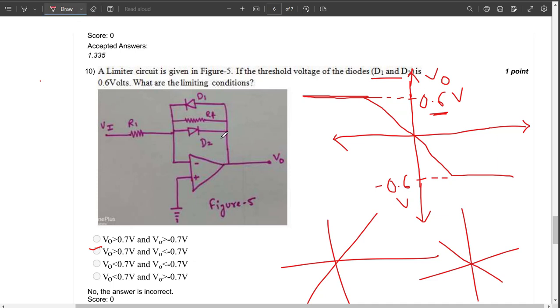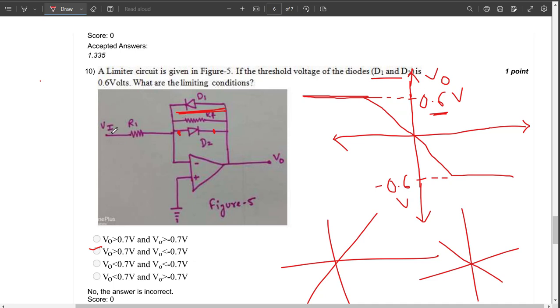So our threshold voltage is 0.6 volts, right? Whenever it goes above 0.6, it will be conducting, and we will be getting VO at 0.6 volts. That is, the voltage VO will be similar to the diode voltage, which is a maximum of 0.6. The other diode will be reverse biased, so it won't be conducting.